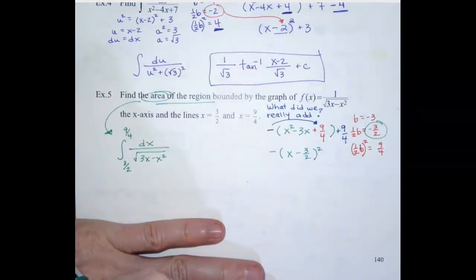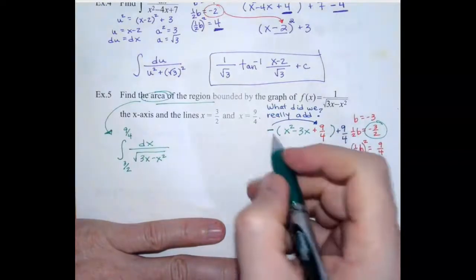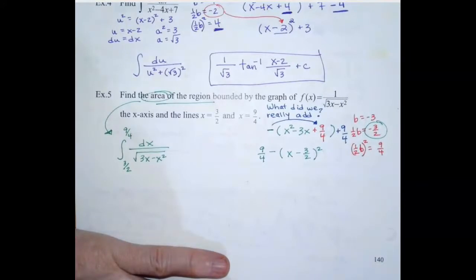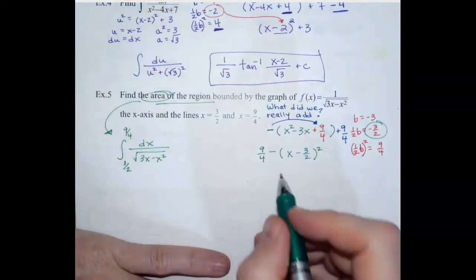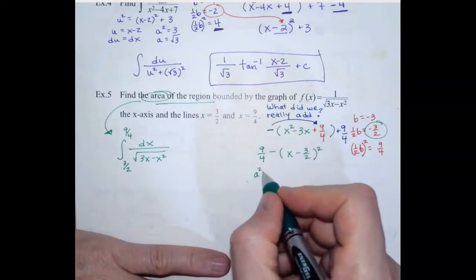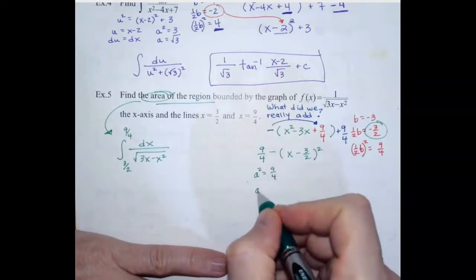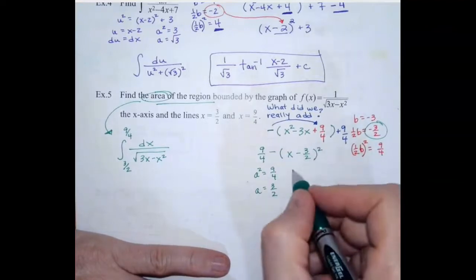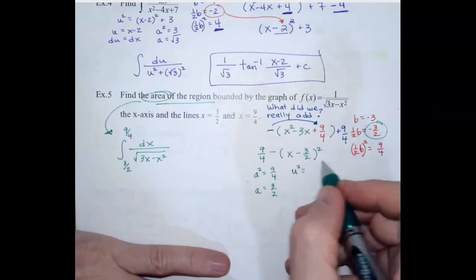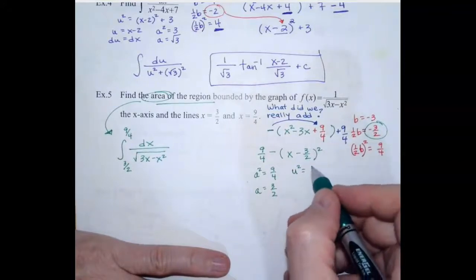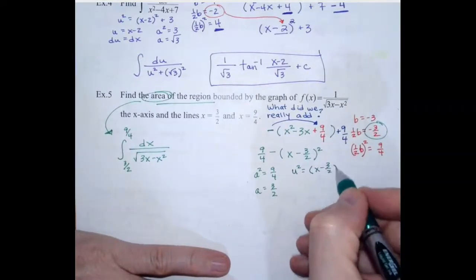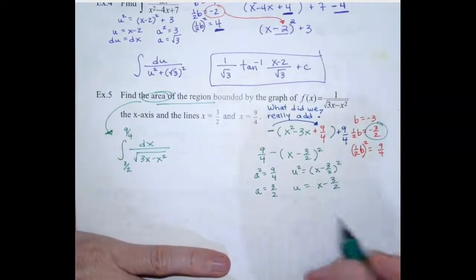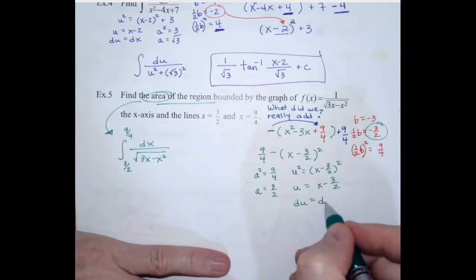Now what we can do with that is we can move that 9/4 in front right here. Okay. And now if you think about that, so a squared is 9/4, so a is 3/2, and here we have u squared equals all of that stuff, x minus 3/2 squared. So u equals x minus 3/2, and du equals dx.